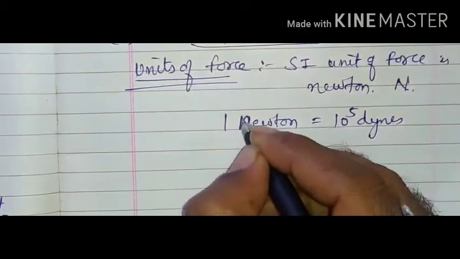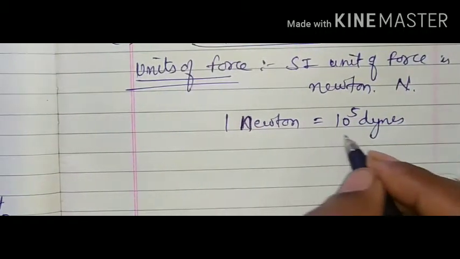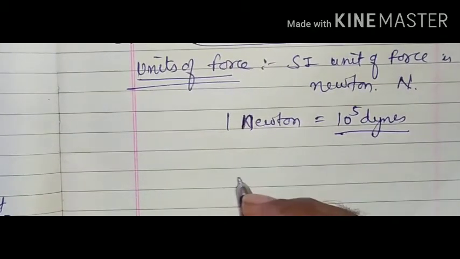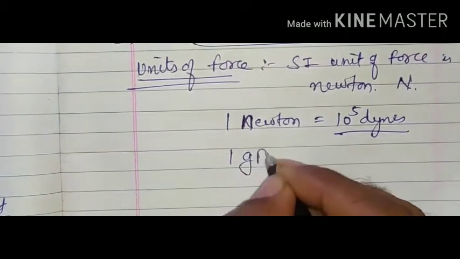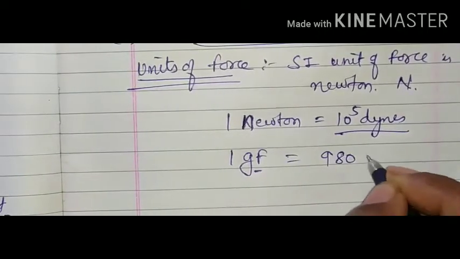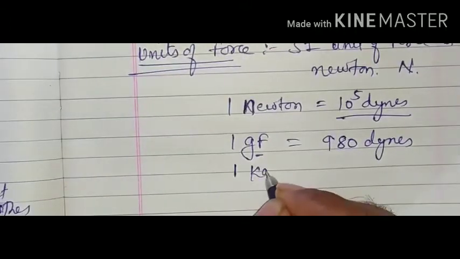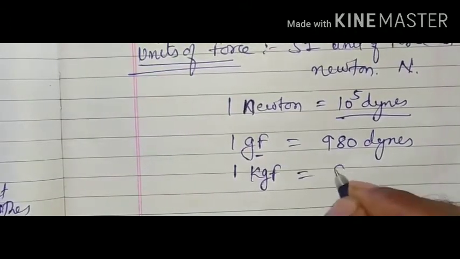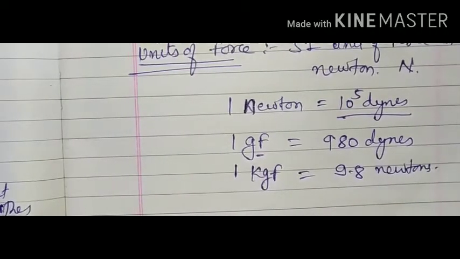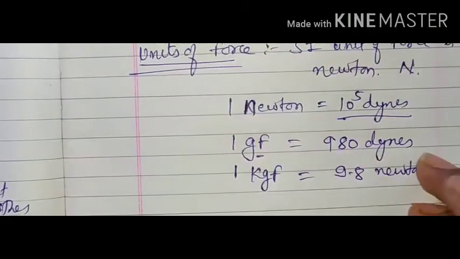And 1 GF, gravitational force, is equal to 980 dynes, and 1 kilogram force is equal to 9.8 newtons. Okay, got it?